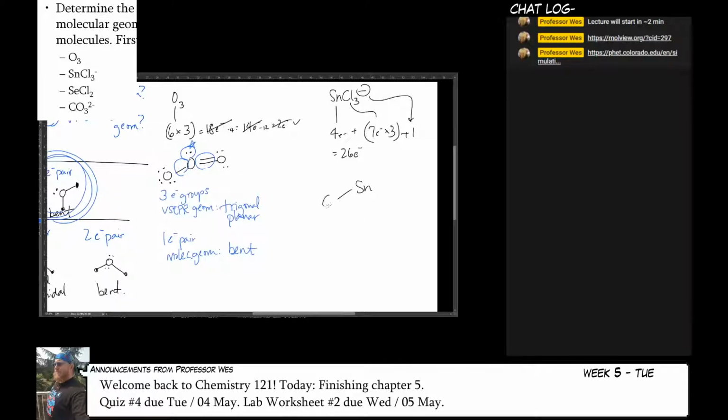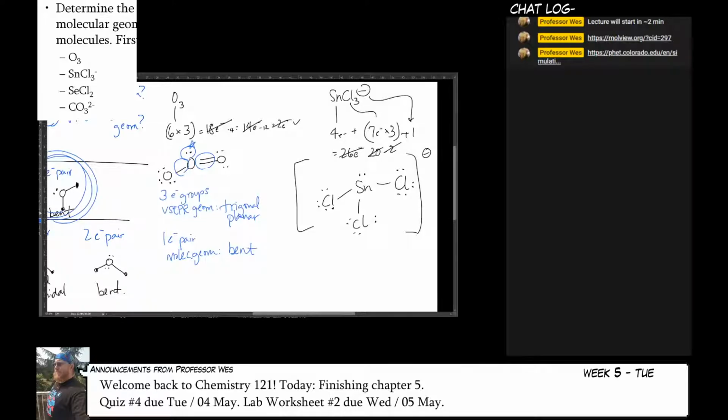There's my tin, Cl, Cl, Cl. So that's 6. 1, 2, 3, 4, 5, 6, 7, 8, 9, 10, 11, 12, 13, 14, 15, 16, 17, 18, 19, 20. There's all of my electrons. And then I do the brackets around the whole thing. It's an ion, so I do that.